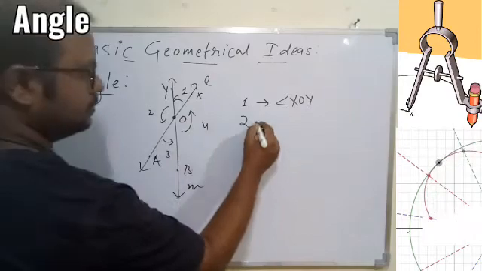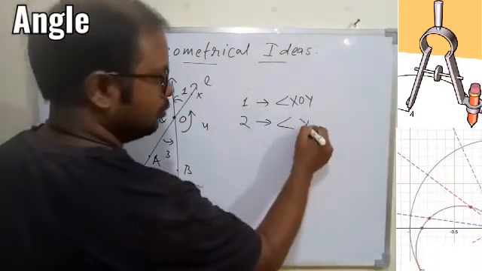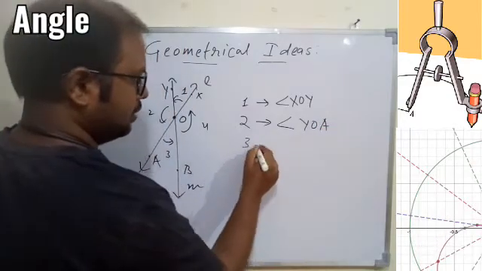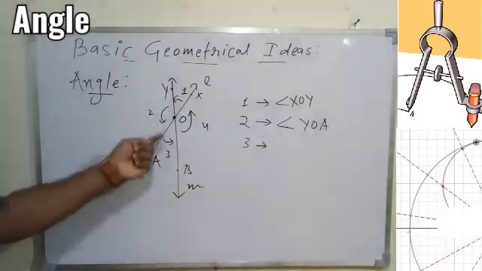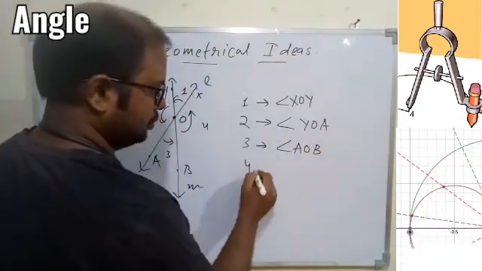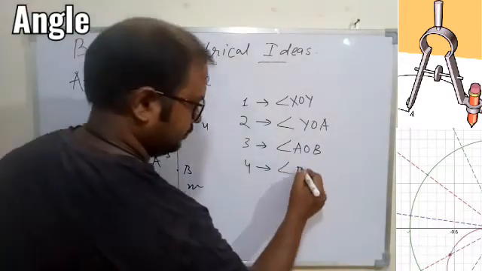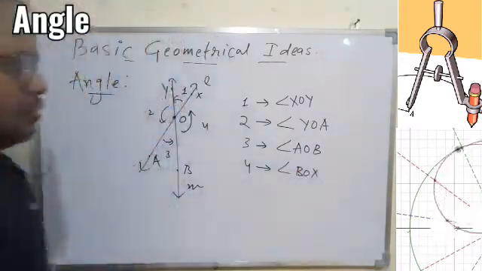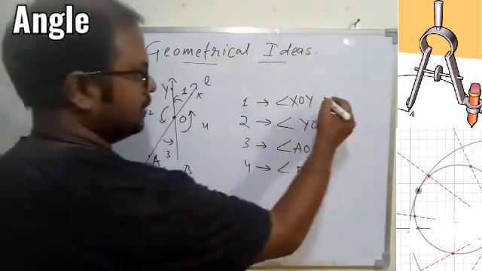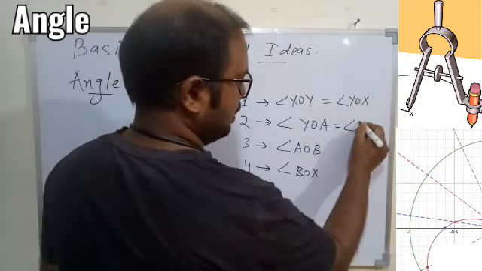Angle 2 is what? YOA. So angle YOA. Angle 3 is AOB, and angle 4 is BOX. One thing you should know: whether you write XOY or YOX, they are the same thing.